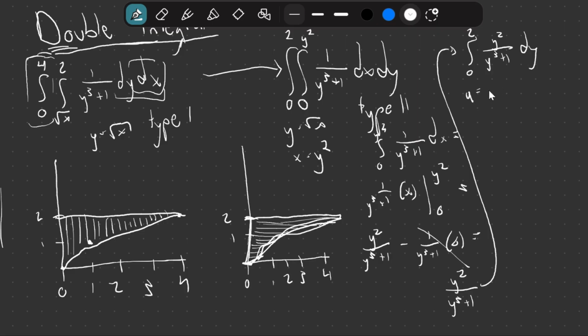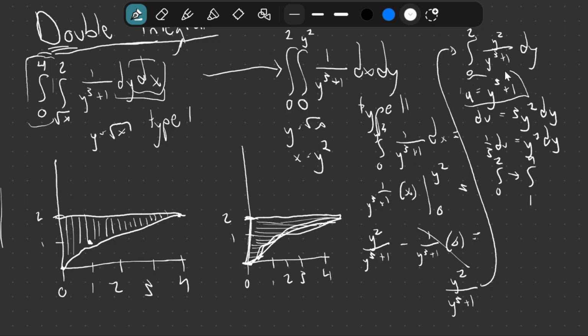So if we just say u equals y cubed plus 1, that means du equals 3y squared dy, or 1/3 du equals y squared dy. And don't forget, we also have to change the range of the integration, so it'll be from 0 to 2, but now it would become from 1 to 9, because you just plug 0 and 2 into this equation here, and you get 1 and 9.